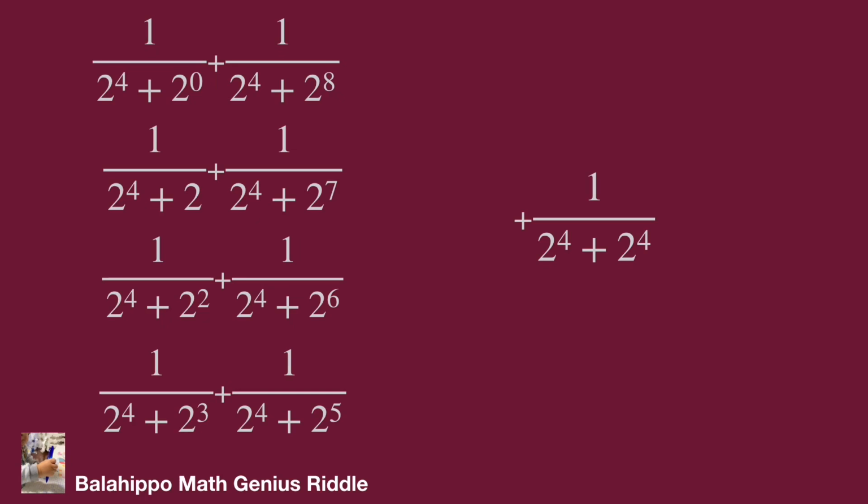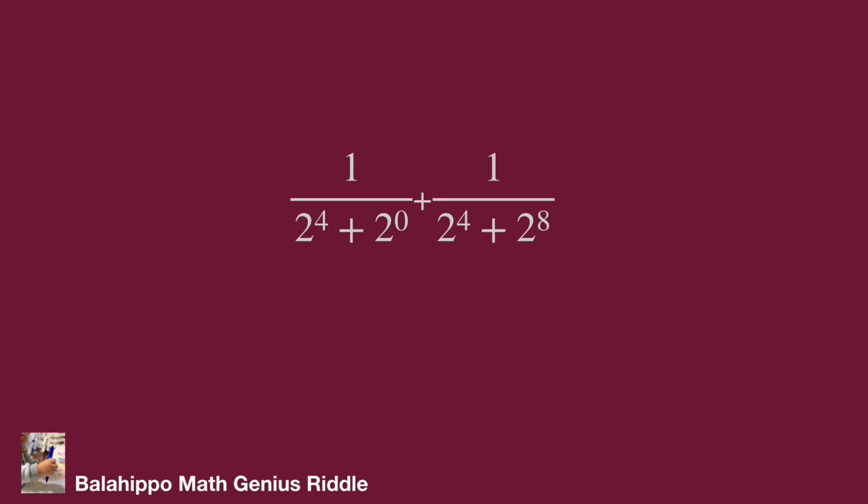After that, add up each group. The first one: 1 over 2 power 4 plus 2 power 0, plus 1 over 2 power 4 plus 2 power 8. 2 power 4 plus 2 power 8 equals 2 power 4 times the bracket 1 plus 2 power 4, and 2 power 0 equals 1.